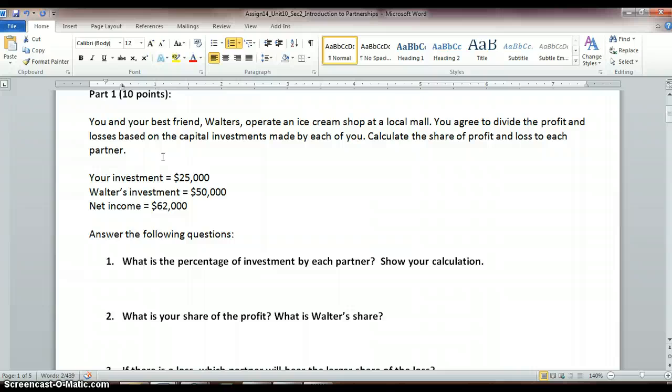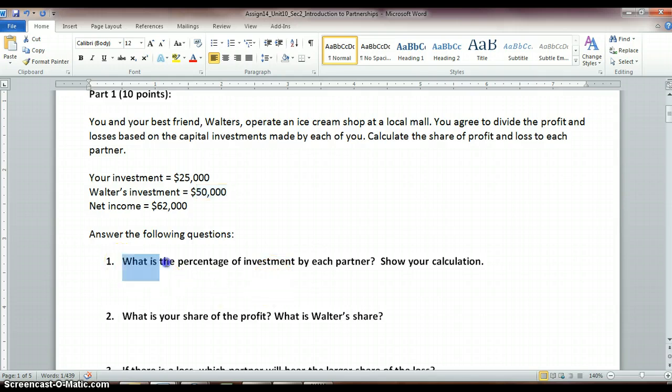Okay, so after reading the text, you should know that for your share of income and loss, a lot of times businesses decide to base it on how much you have invested in that company. So it looks like we have invested $25,000 into this company, and Walter has invested $50,000 into this company.